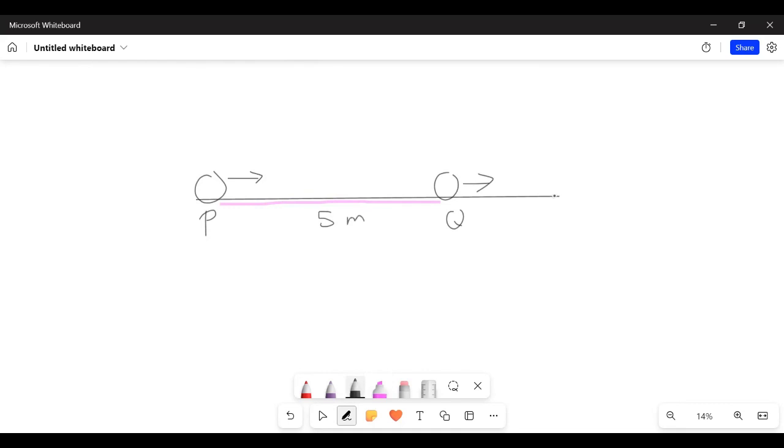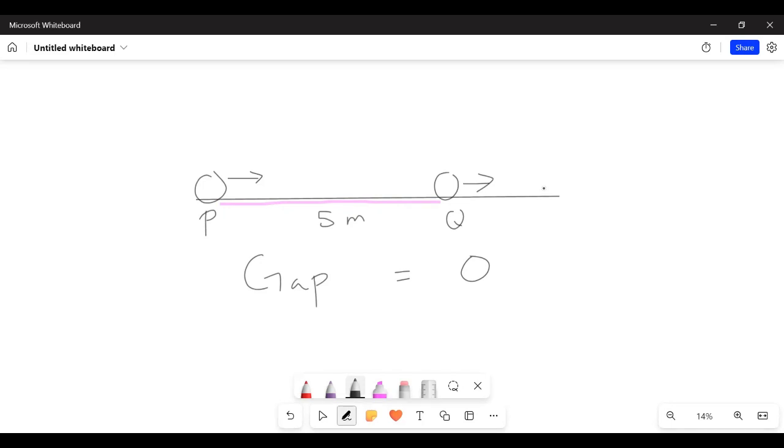Okay, so you have to find the velocities of both the particles or speed of both the particles when they collide. So when they collide, the gap is equal to 0. So you have to form an equation that satisfies this. Gap between the two must be equal to 0. So you form an equation in terms of t and get a t from here, and then use that t in the equations of motion later.